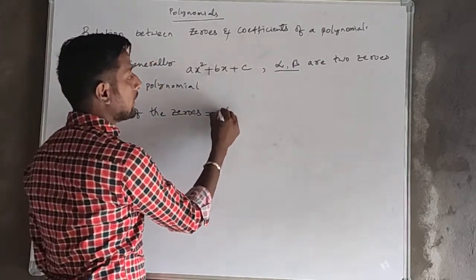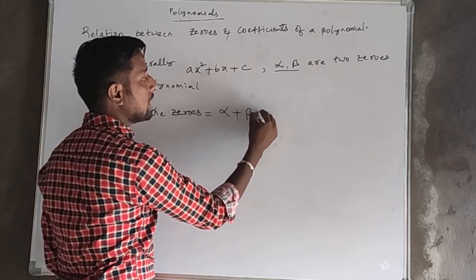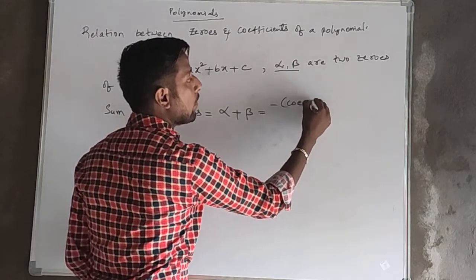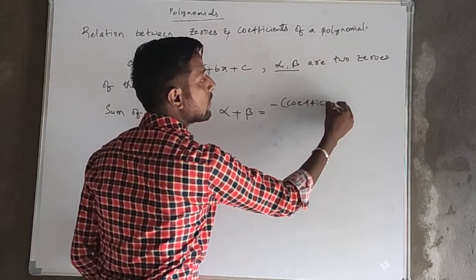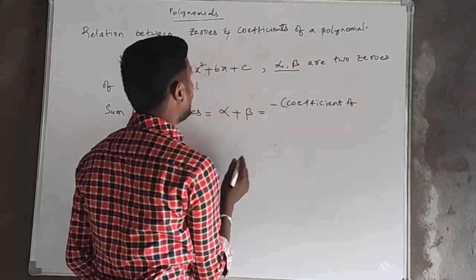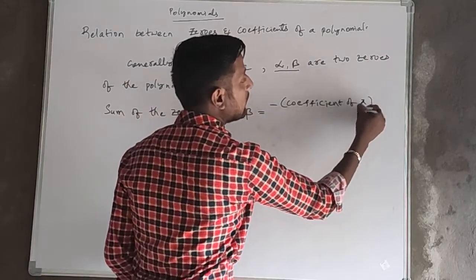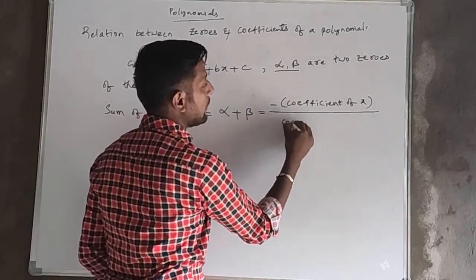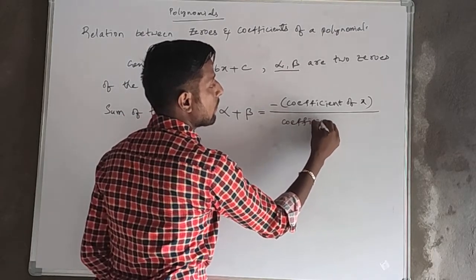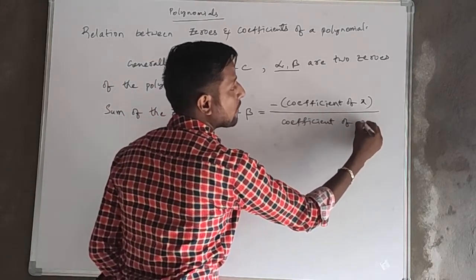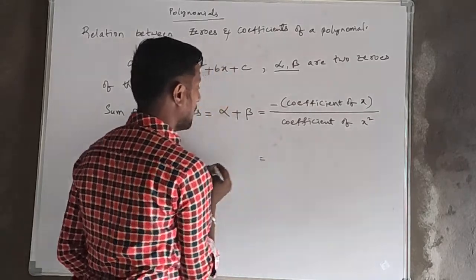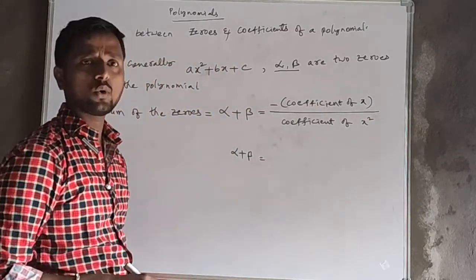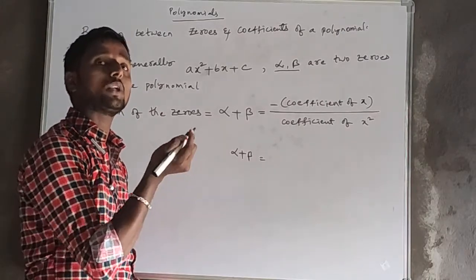So I'll write alpha plus beta, that is nothing but minus coefficient of x by coefficient of x square. Okay, first of all, what is a coefficient?